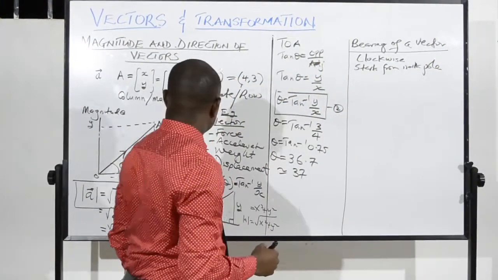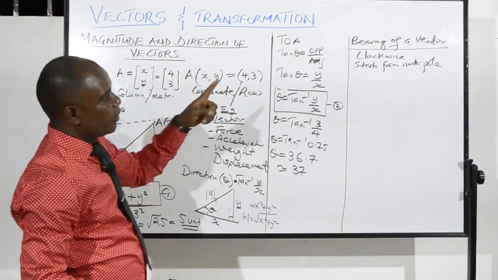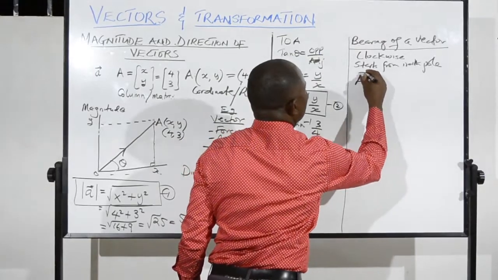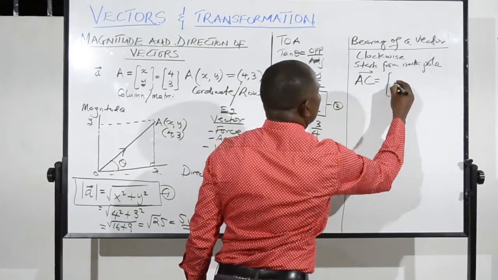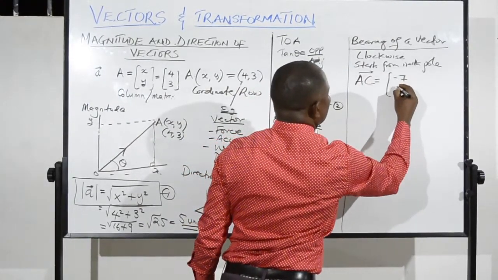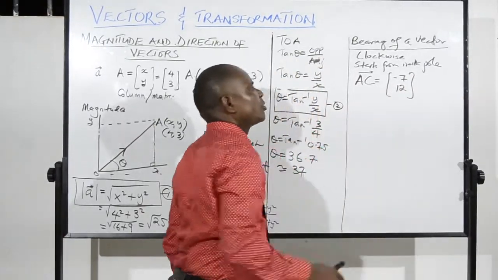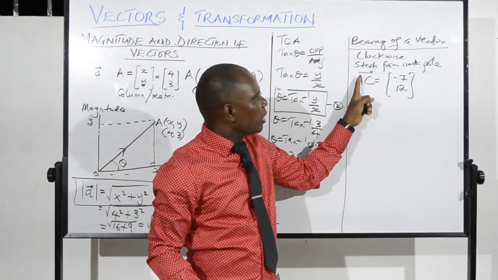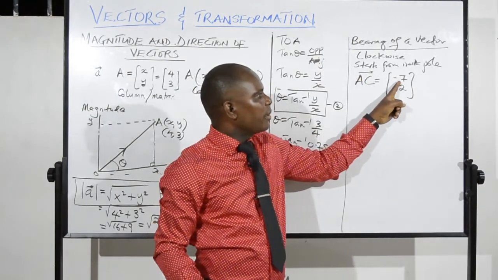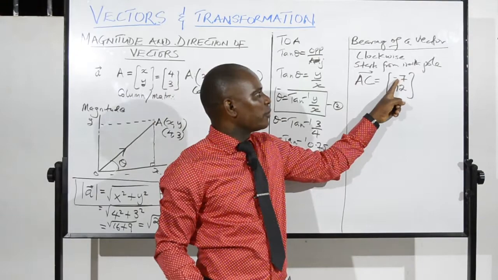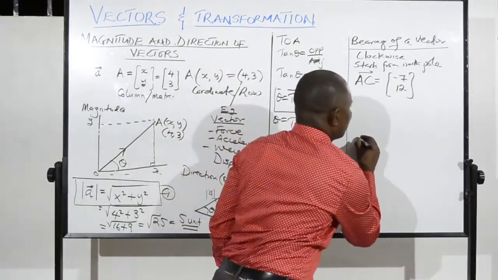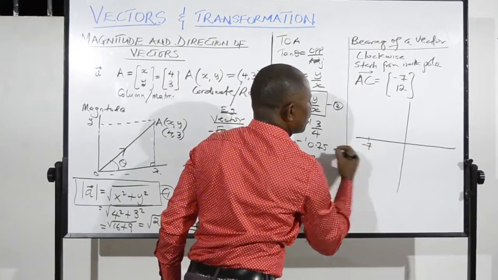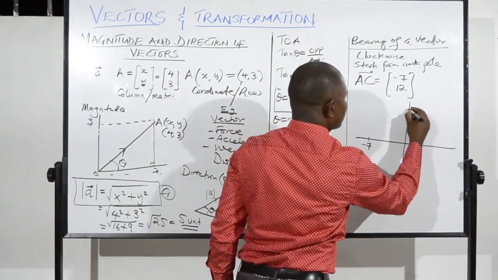Now I want to find the bearing of a particular vector. Let's say I have a vector AC, which is (-7, 12). This must be one of your questions. So if I put it right here, this is minus 7 somewhere there, and I have 12 somewhere there.